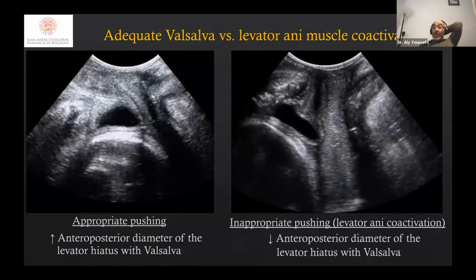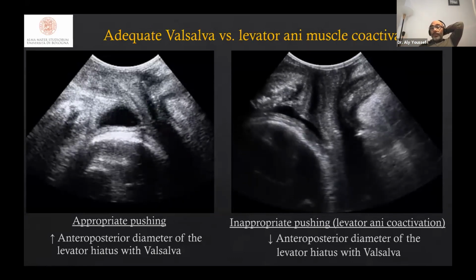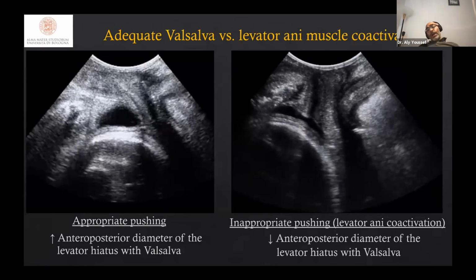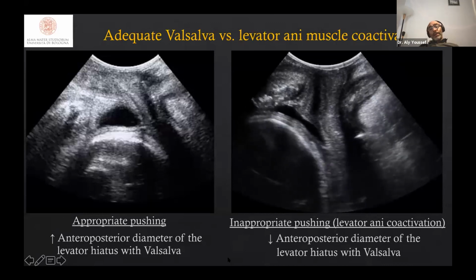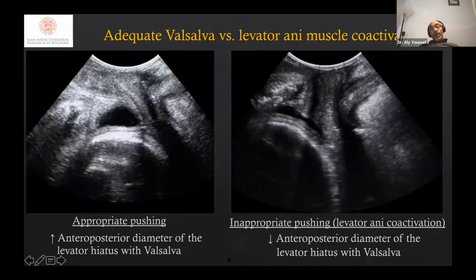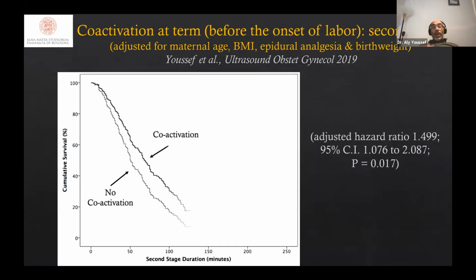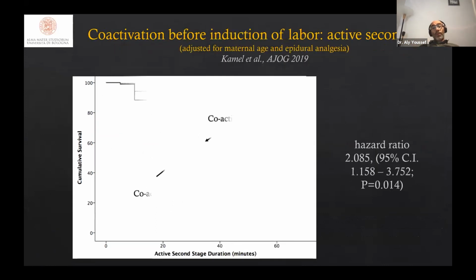So this is a woman who is coactivating, so contracting her levator ani muscle rather than relaxing it during the Valsalva maneuver. And we have found that in nulliparous women with coactivation, after correcting for maternal age, BMI, epidural analgesia and birth weight, they had a longer second stage of labor, in case of spontaneous onset of labor.